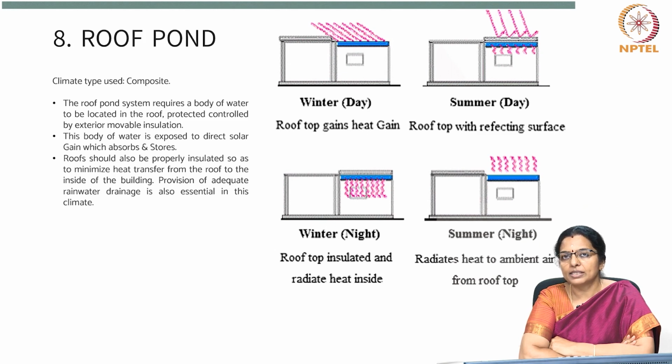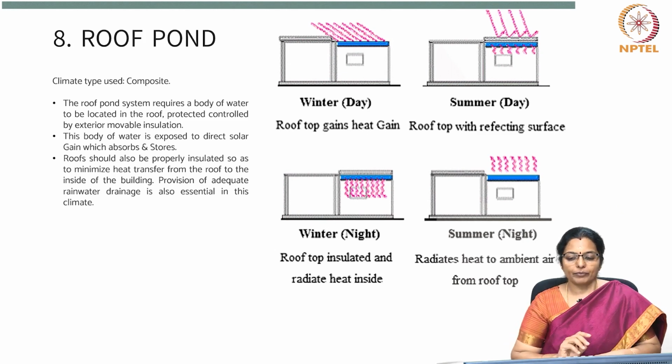At night, because the night sky is cool, the water releases its heat, which means the water has a lower temperature, and with the cover the water body is closed during the day, and therefore the cool water retained on top of the roof helps in keeping the indoors cool. So this is how a roof pond system operates.